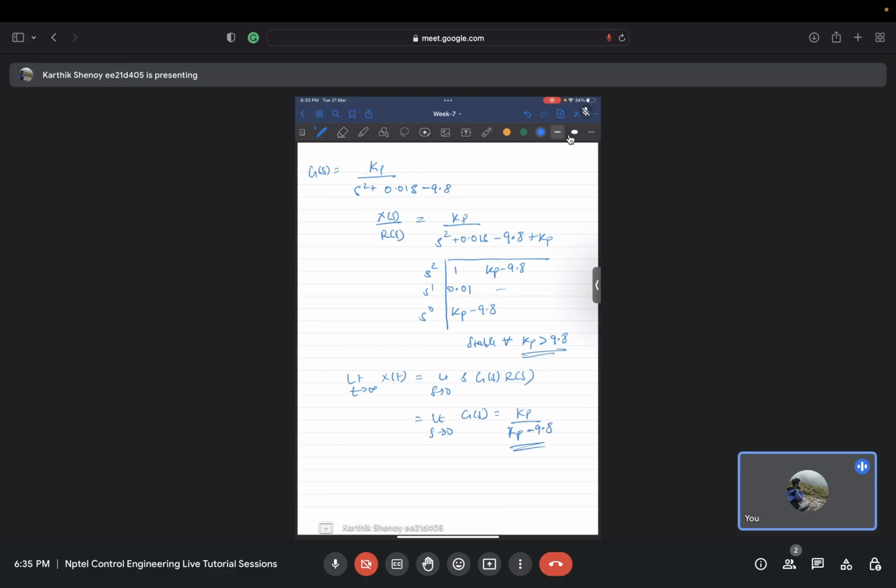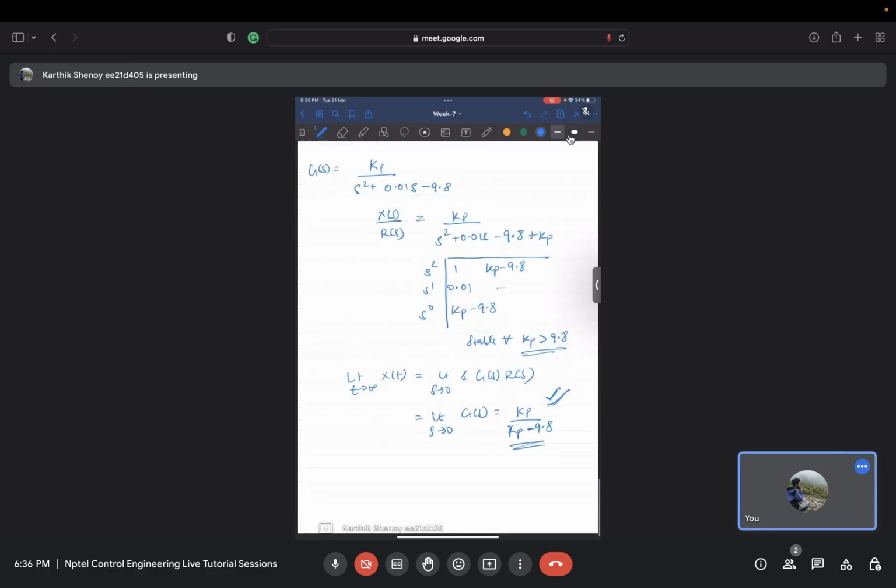If you see here, there will almost surely be some steady state error. It will go to this value and not 1, correct? So it will never go to the desired value.